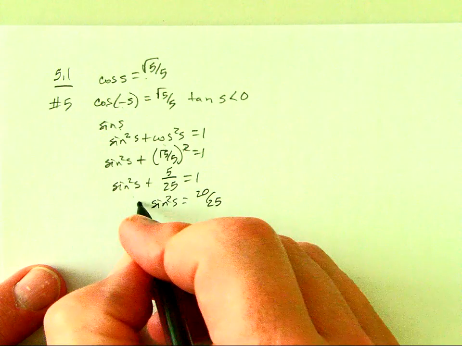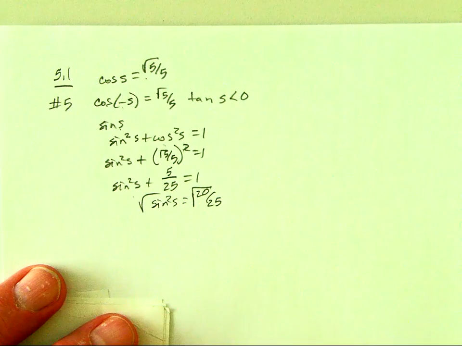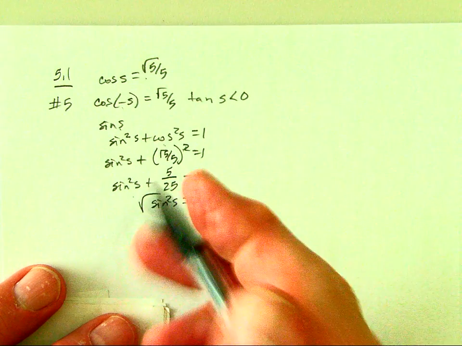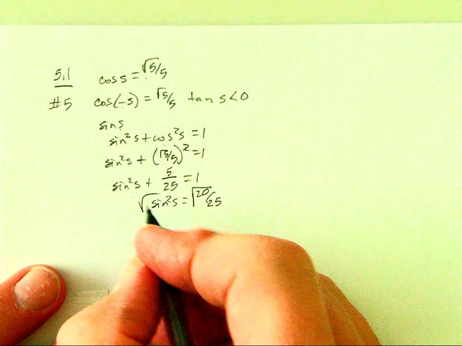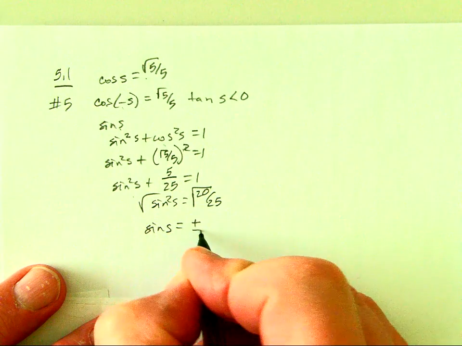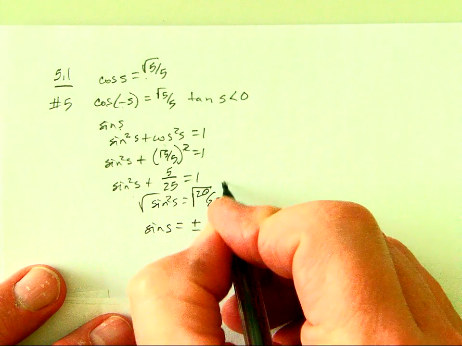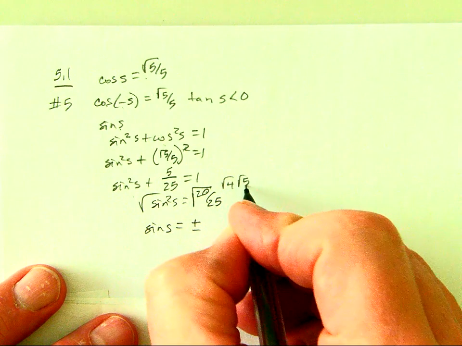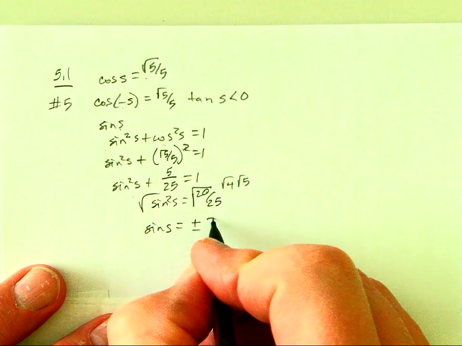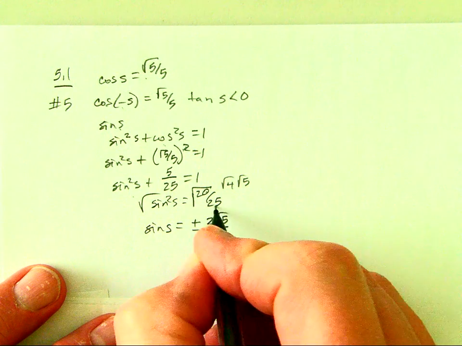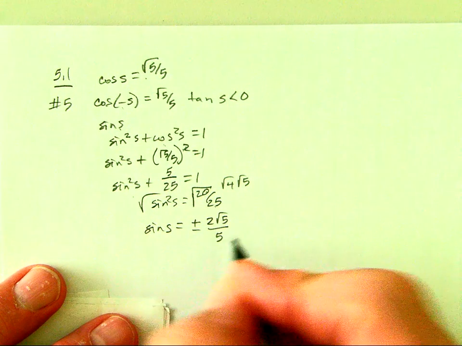Now we want to square root both sides because we have sine squared and we just want sine. So the sine of s equals plus or minus the square root of 20, which is the square root of 4 times the square root of 5, so that's 2 radical 5. And on the bottom, the square root of 25 is 5.